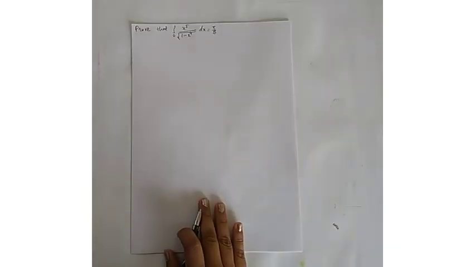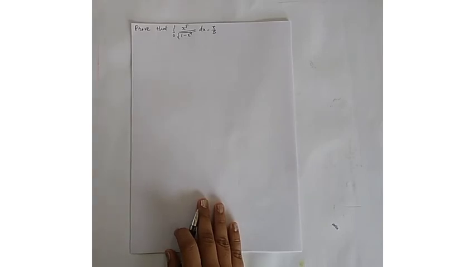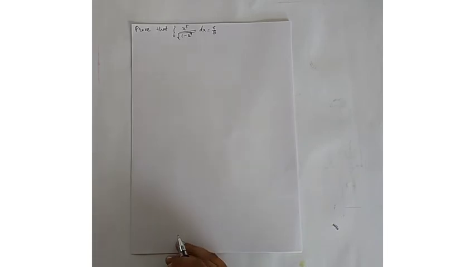Let's prove this example, that is integration with limit 0 to 1 x to the power 5 upon square root of 1 minus x raised to 4 into dx is equal to pi by 8.